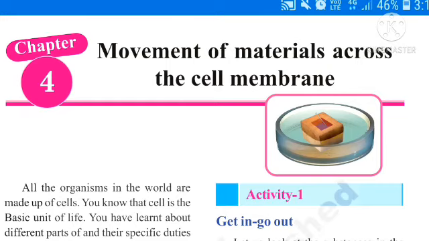It is the outermost layer in the animal cell. What is the function of the cell membrane? It gives protection to the inner parts of the cell.